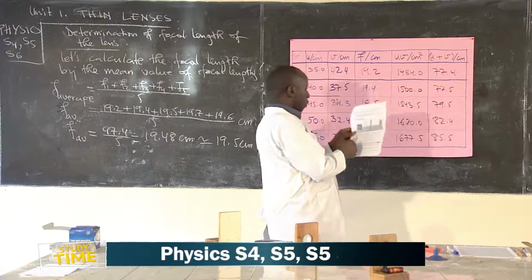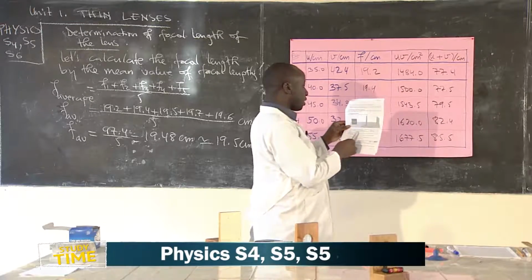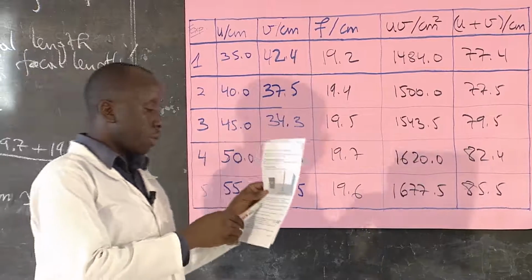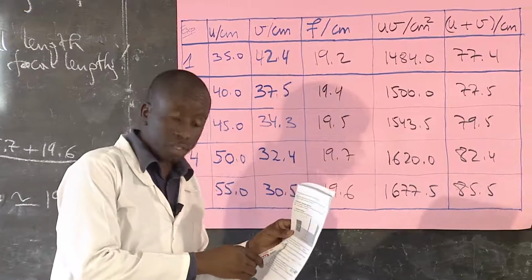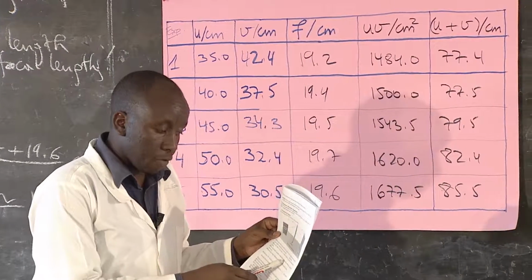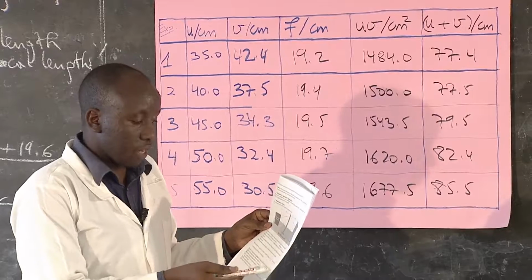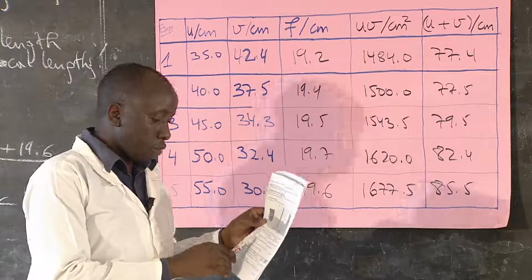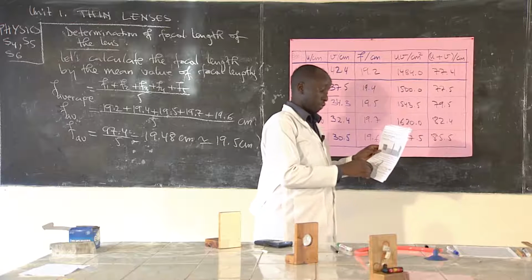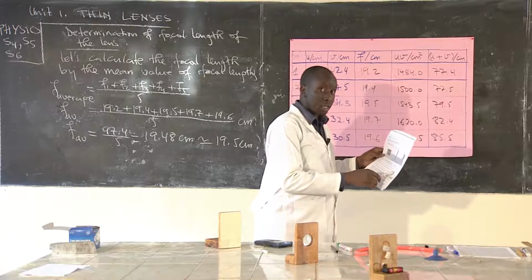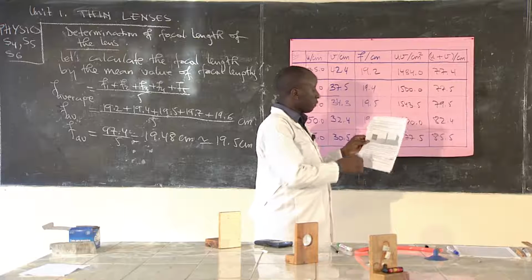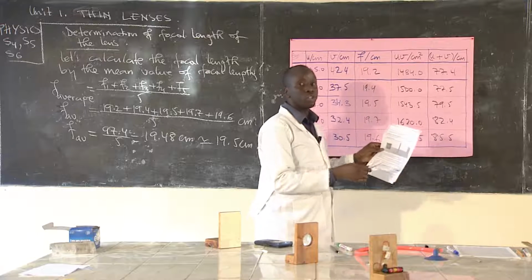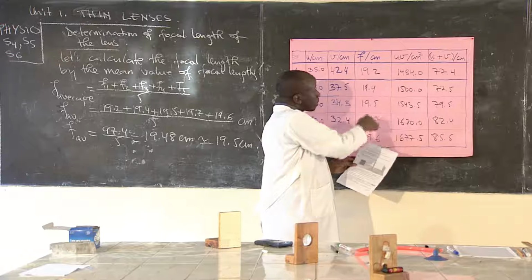And then after we placed the lens in its holder at a fixed distance, and we moved the screen towards or away from the lens until a sharp, clear image is formed. We measured the image distance V between the lens and the screen. This is what we did. You remember that? And another thing we did is to substitute the values into the formula to find this.